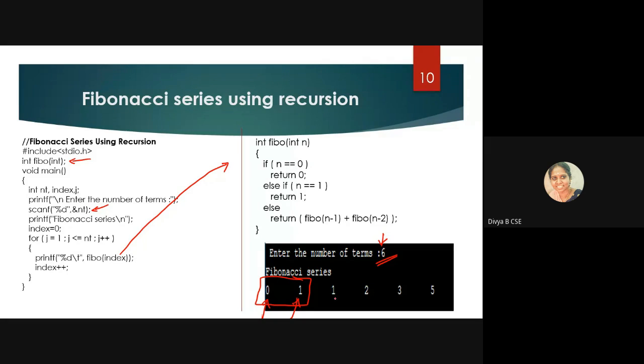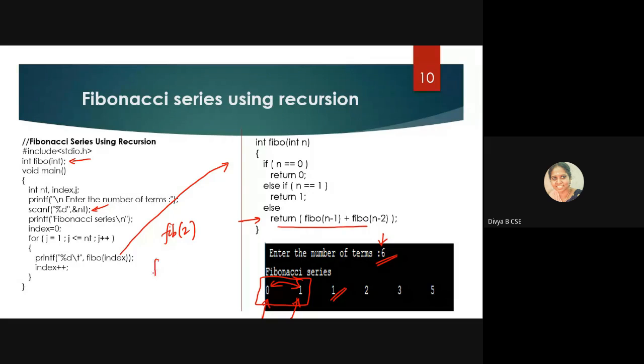After that, I have to do an addition of the previous two terms, right? So if it is Fibonacci of 0, 1, then for 2 I have to add these two, right? That is why I have returned Fibonacci of n minus 1 plus Fibonacci of n minus 2. So if I give Fibonacci of 2, I have to return Fibonacci of n minus 1 plus n minus 2.